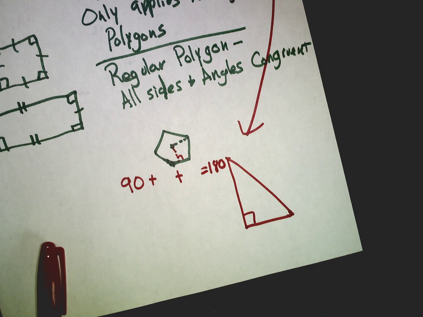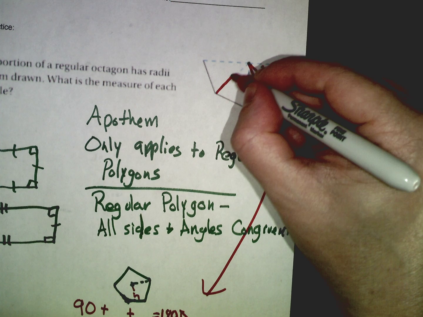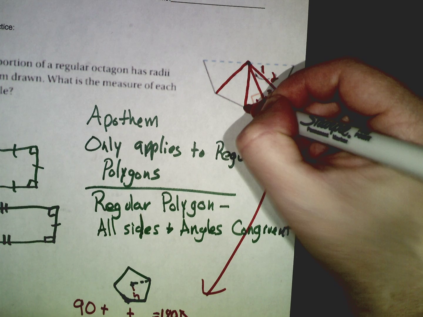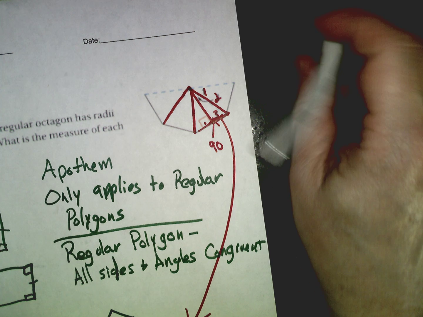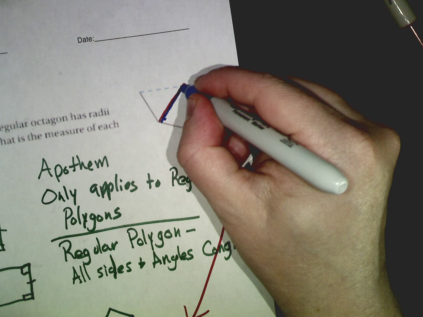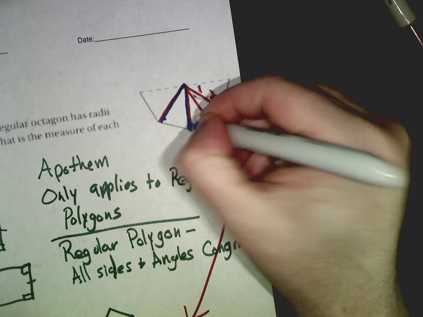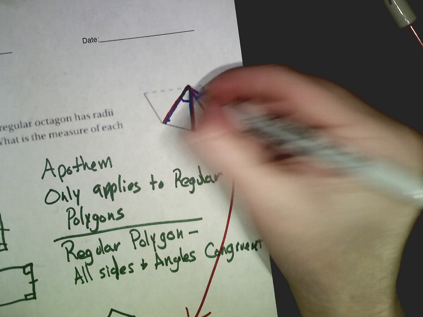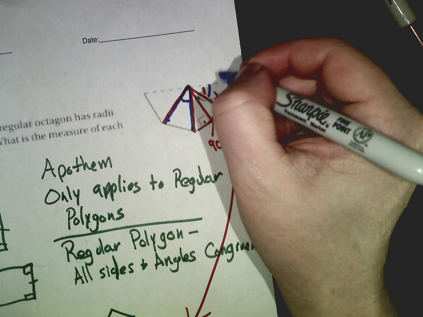Now, if we could just find one of those, let's think about it. I'm going to look at a blue triangle. I want to find this angle, which would be the same thing as finding angle 1.